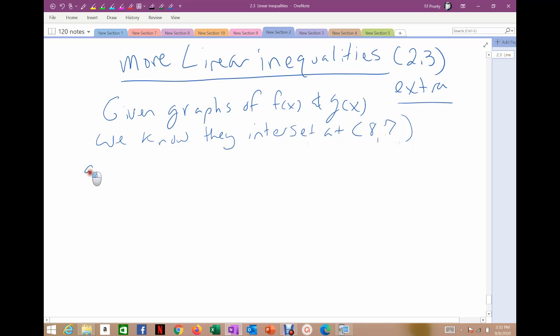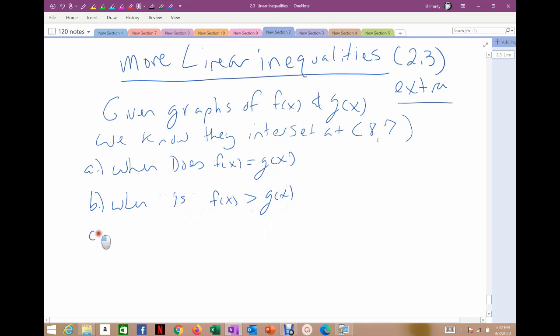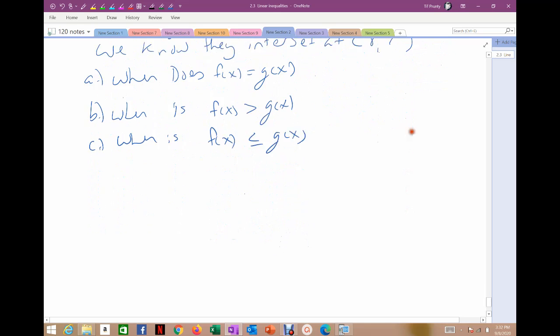A, when does f of x equal g of x? B, when is f of x greater than g of x? And when is f of x less than or equal to g of x? And we're going to do this graphically.